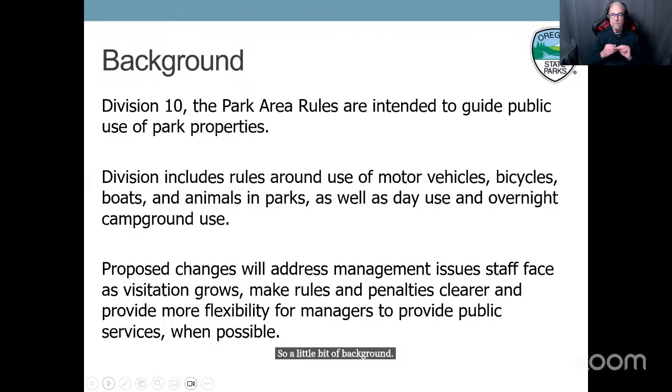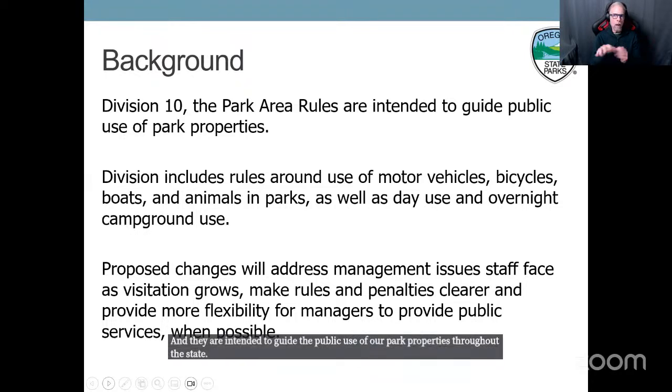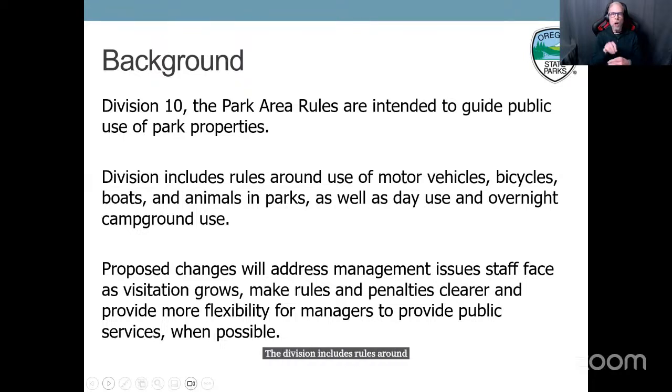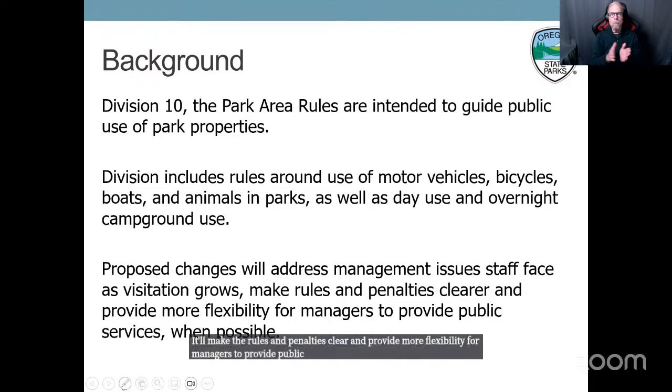Division 10 is where our general park area rules reside, and they are intended to guide the public use of our park properties throughout the state. The division includes rules around the use of motor vehicles, bicycles, boats, and animals in parks, as well as day use and overnight campground use. The proposed changes will address management issues that staff have faced as the visitation grows. It'll make the rules and penalties clear and provide more flexibility for managers to provide public services when possible.